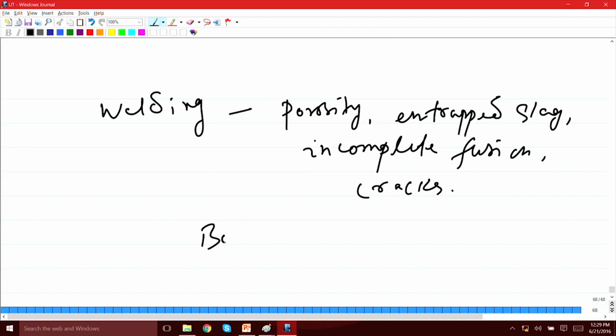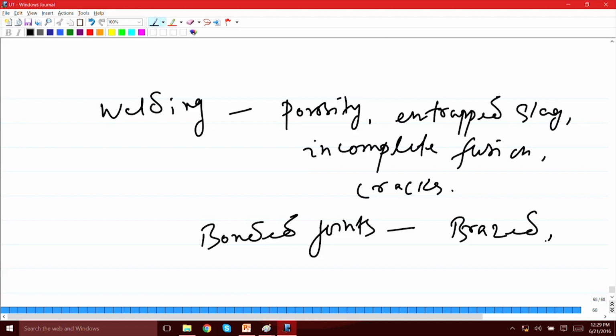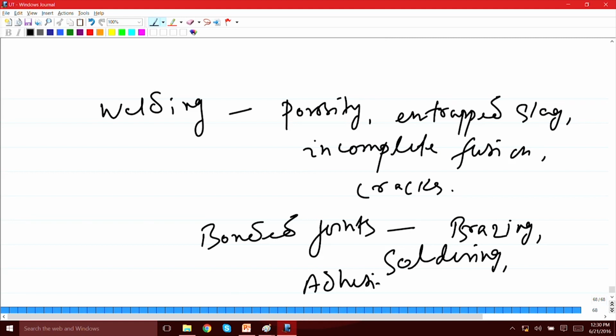Then bonded joints also, to find out the soundness of the joint, whether the joint is good or not. There again ultrasonic testing is very useful, like if you have brazed or soldered joints, or adhesive bonding.